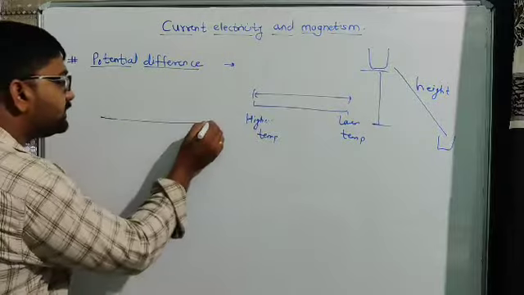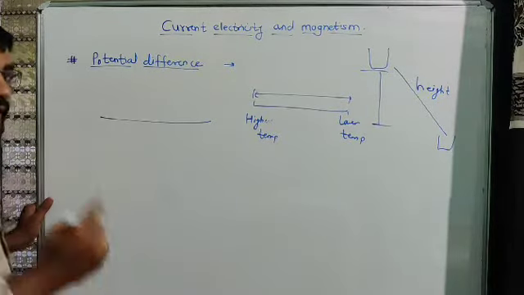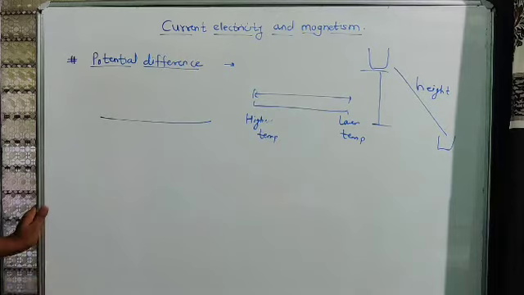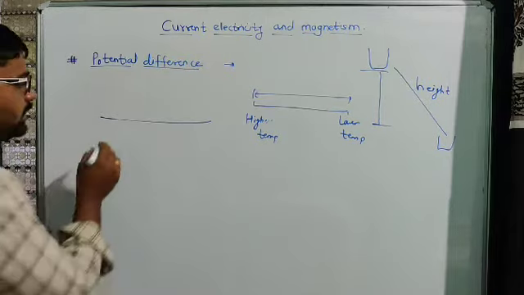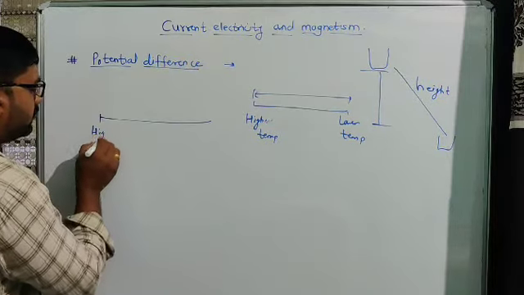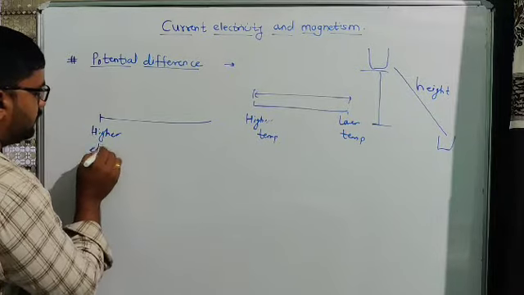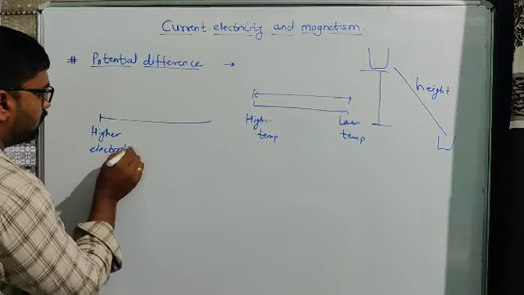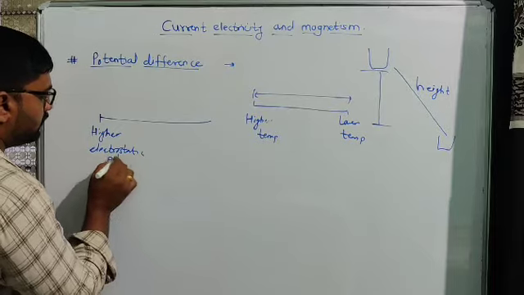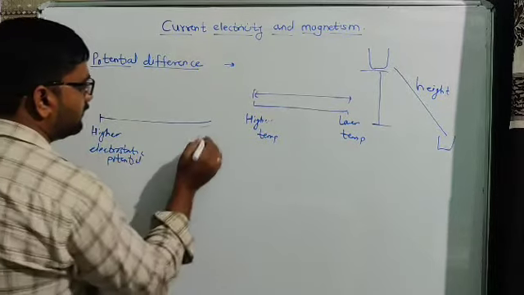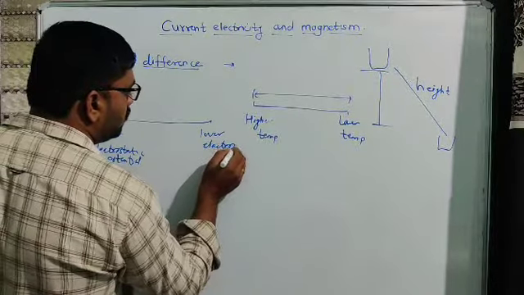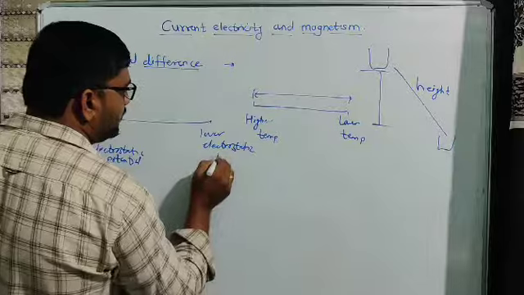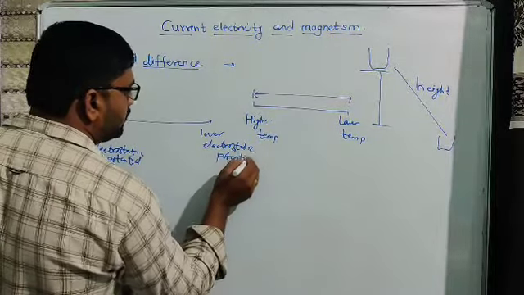In such a way, we consider an electric wire. If there is an electrostatic potential difference, then charges will flow, otherwise charges do not flow. Suppose this is at higher electrostatic potential and this is at lower electrostatic potential.